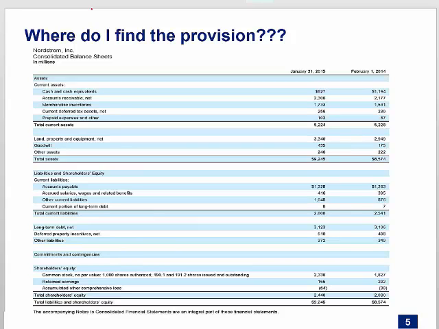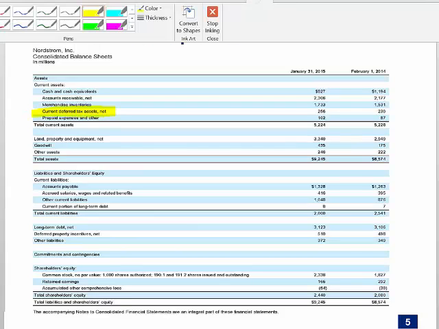But if you're brand new to provisions and you're trying to figure out, well, where would I even see the effects of tax accounting in a financial statement? So I've shown Nordstrom's here, and if you scroll through the balance sheet activity, you don't really see much. I think, in fact, you only see that line that references the word tax.